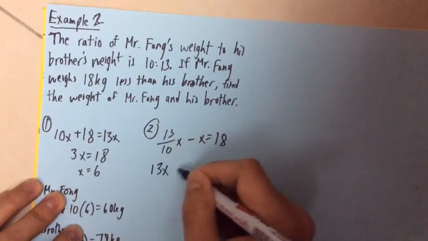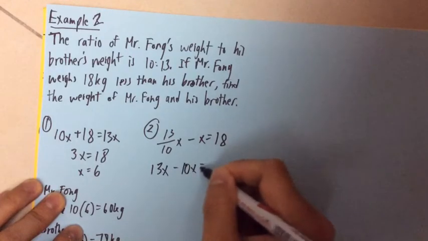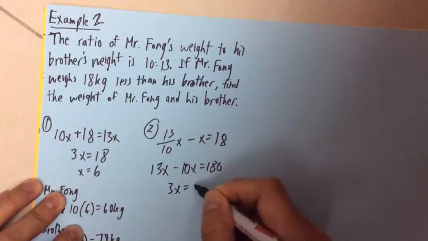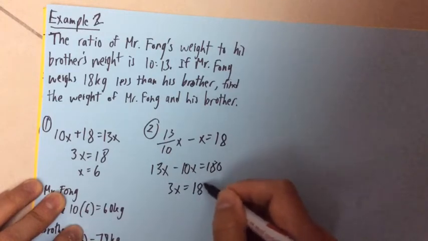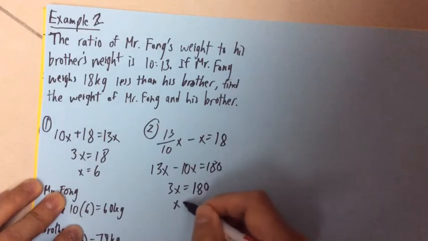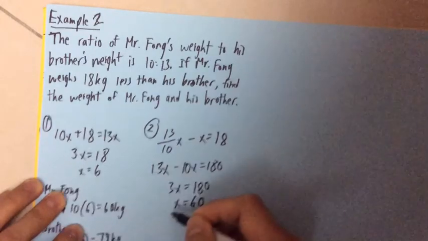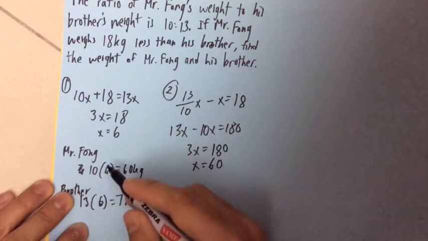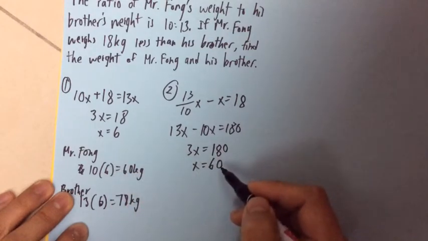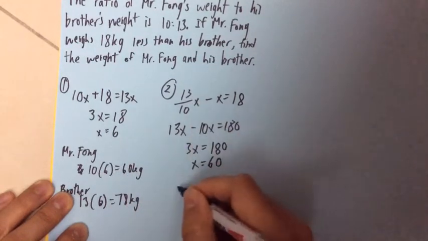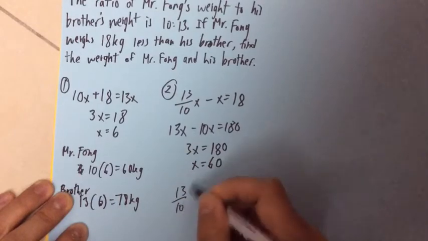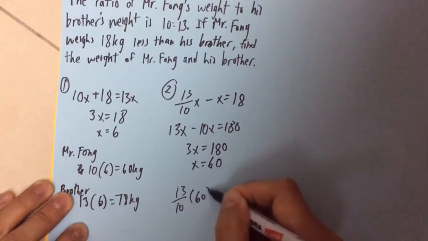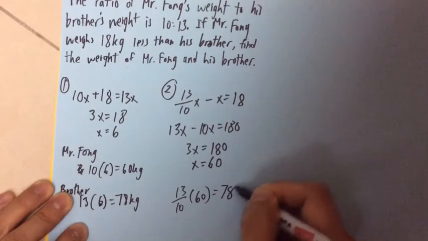That gives us 13x minus 10x equals 180. 3x equals 180. x equals 60. So remember, in this case, x represents Mr. Fong's weight. So as we can see, we get the same answer. And of course, Mr. Fong's brother's weight would be 13 over 10, and we substitute 60, and that should give us 78.